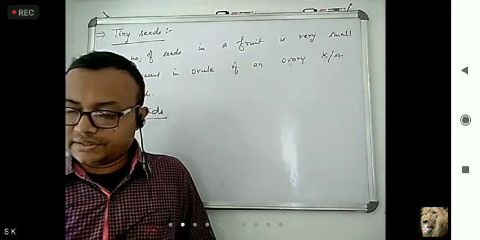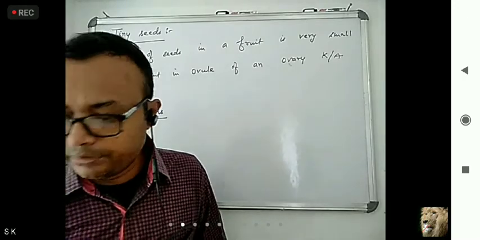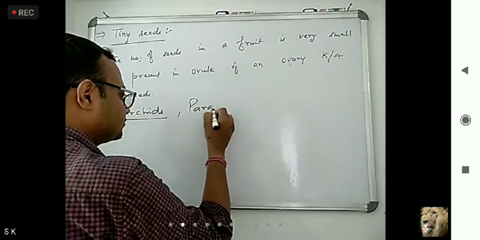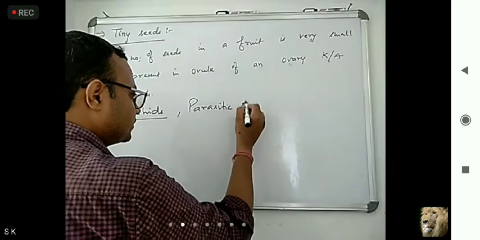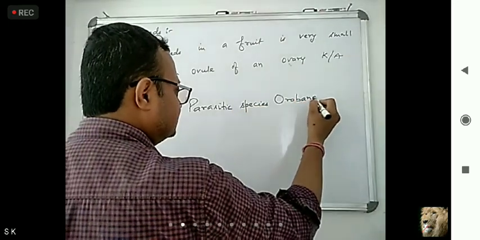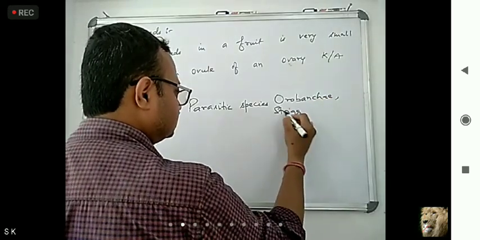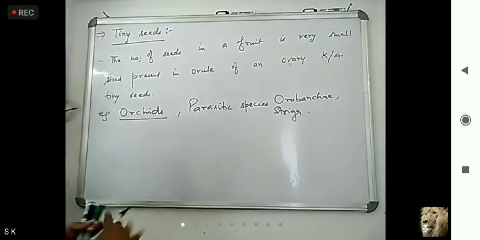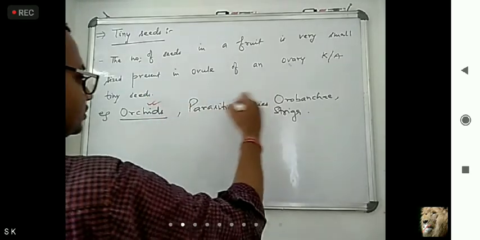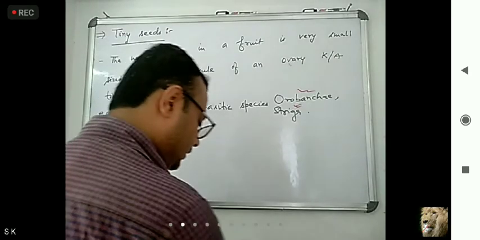Some parasitic species like Orobanche and Striga also contain tiny seeds. So these examples we have to remember under tiny seeds.